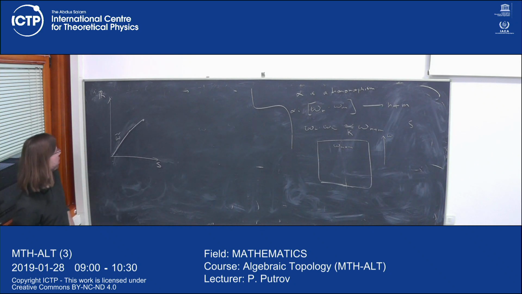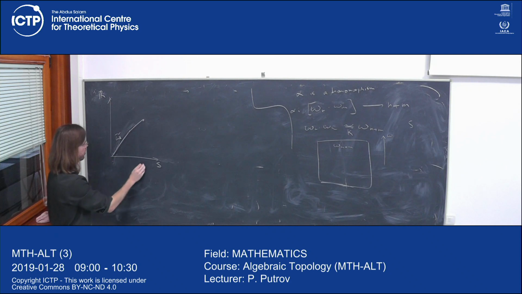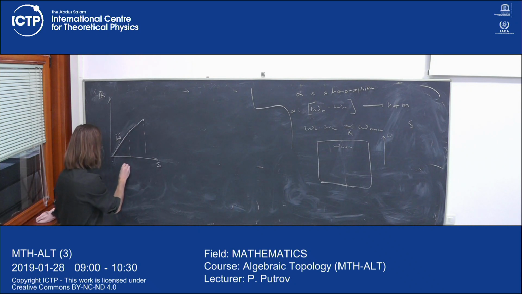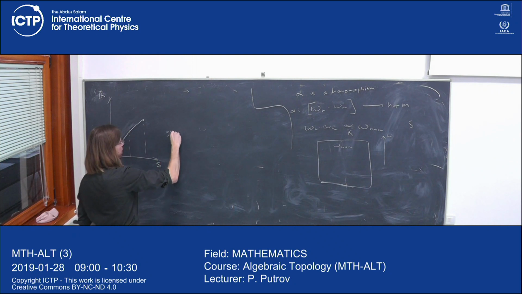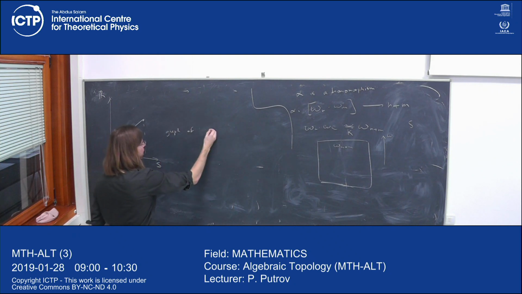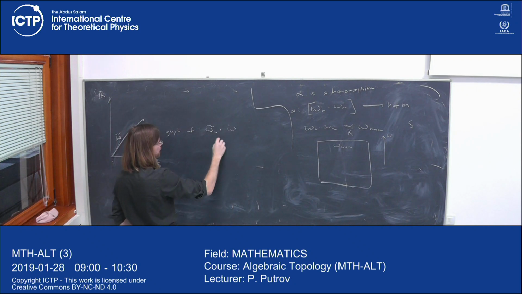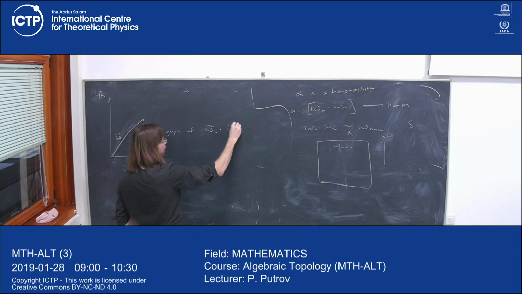Let me choose a lift of omega tilde n, as before. So here I already construct a composition of paths. So this is the graph of omega n, some lift of omega tilde n and omega tilde n.